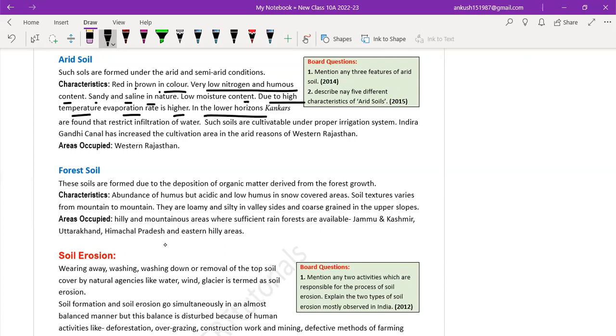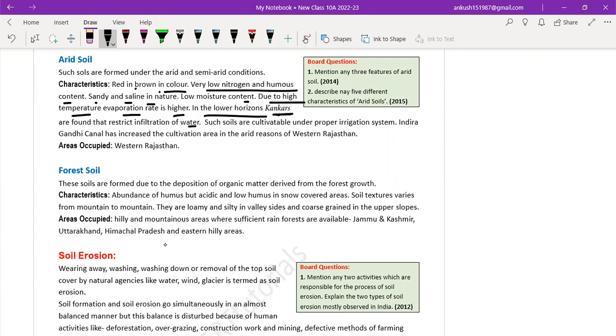In the lower horizon, cankers are found that restrict infiltration of water. Have you got the name kankar? It is the Hindi word that is used in Rajasthan for small stones that do not allow water to infiltrate into the soil.